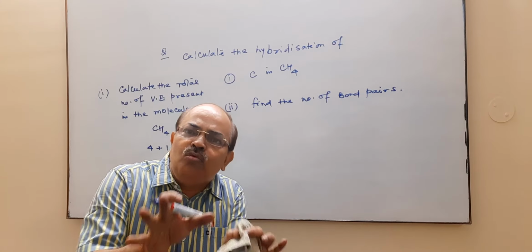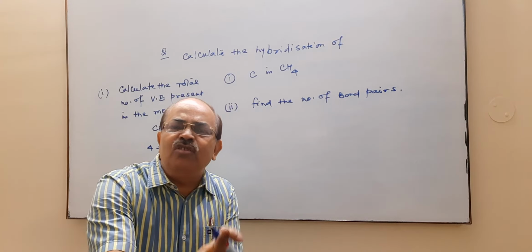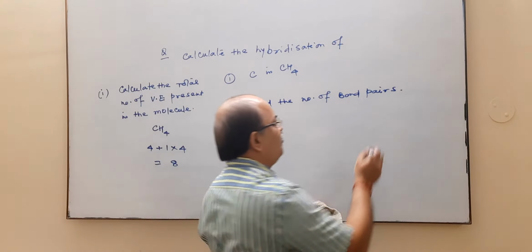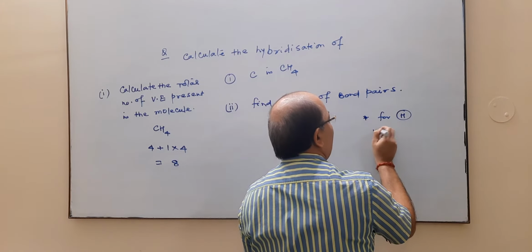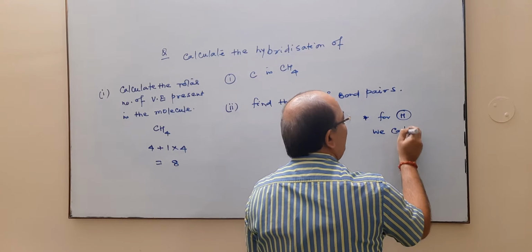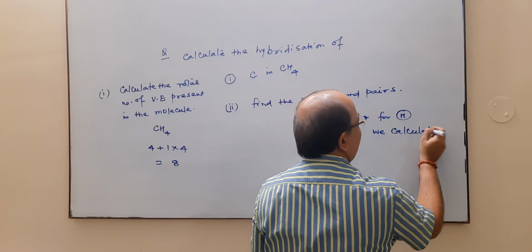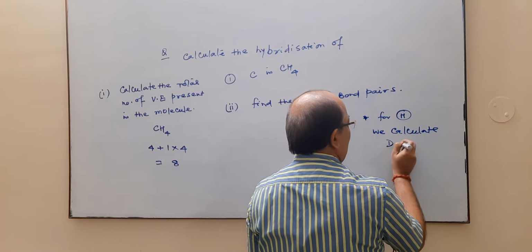Normally we calculate octet, but for hydrogen duplet. आपको याद होगा for hydrogen we count or we calculate duplets.